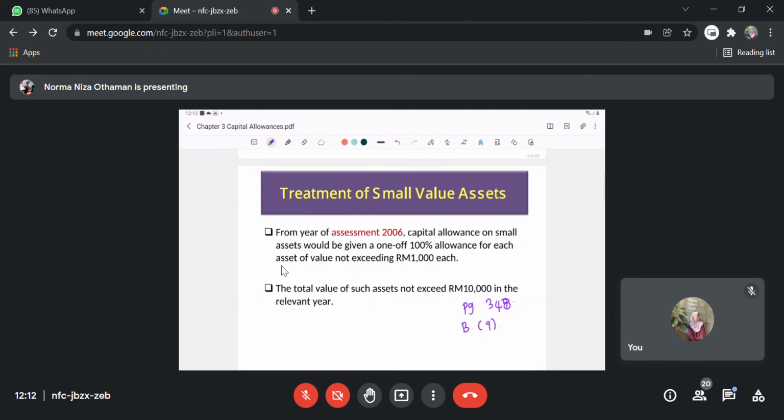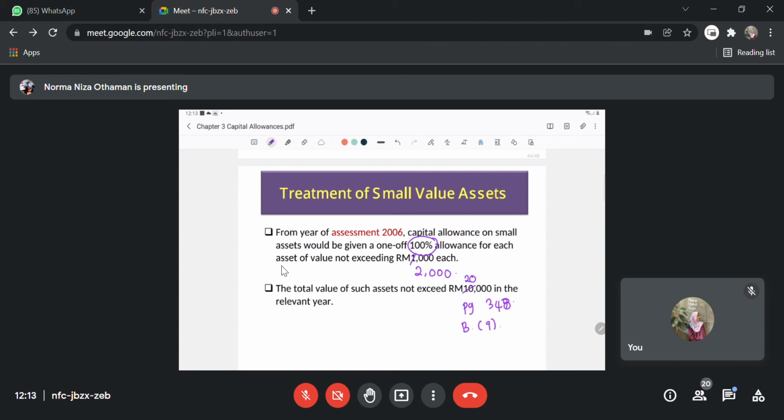So punya rate dia adalah 100%, sama rate, and then dia punya figure not less than, not 1000, now dah 2000. So buat correction sikit dekat slide tu boleh? Okay, dan maximum not exceed, not 10,000, 20,000.